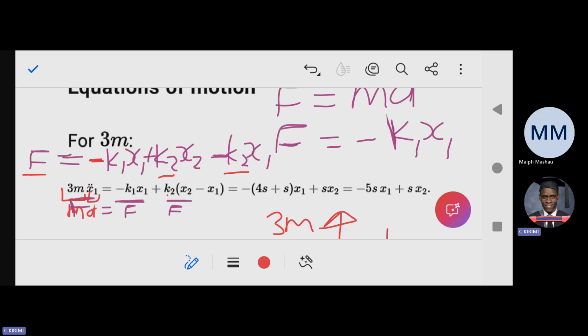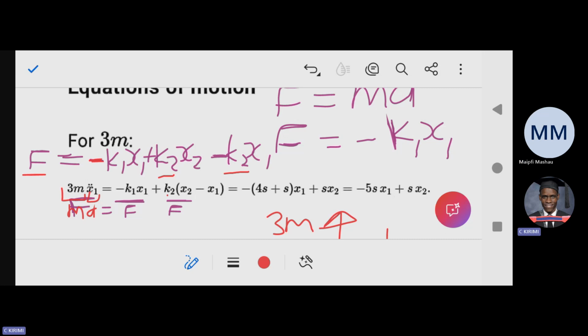Now, in terms of S, remember we are given S. Where there is K1, we put 4S.